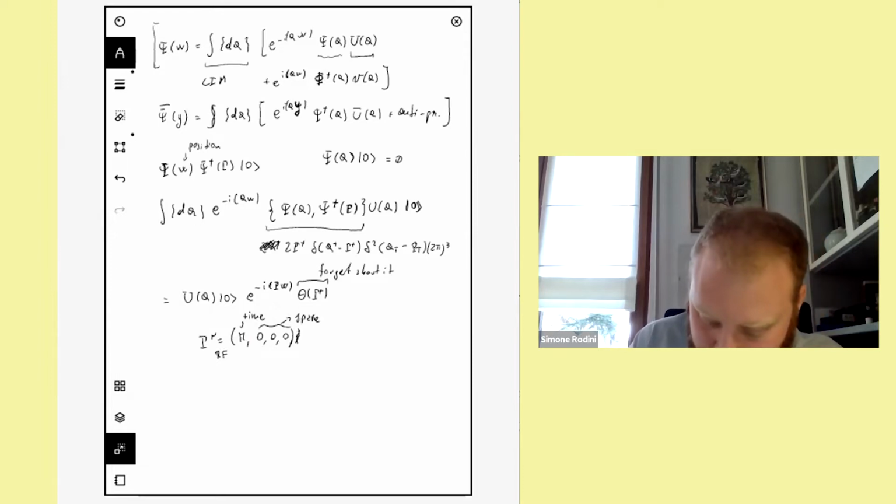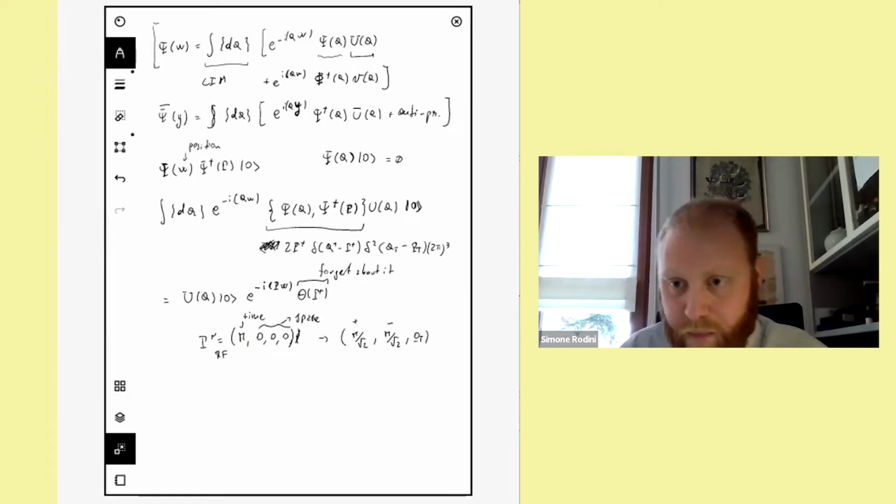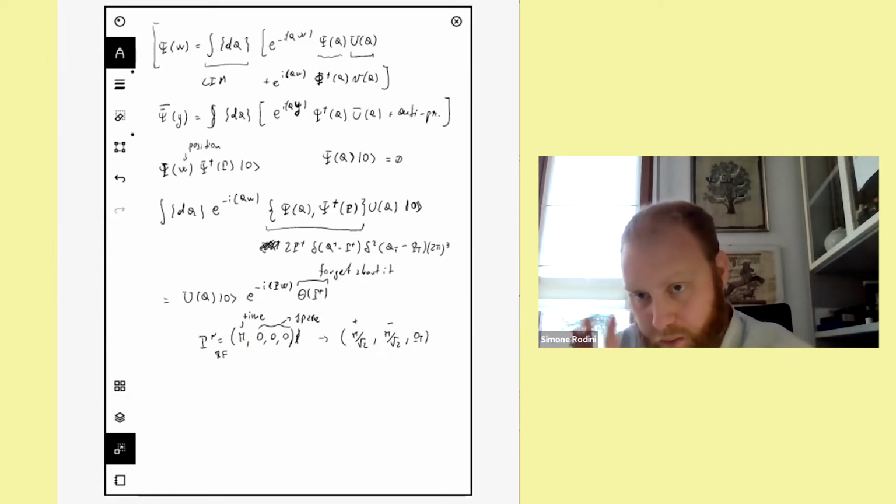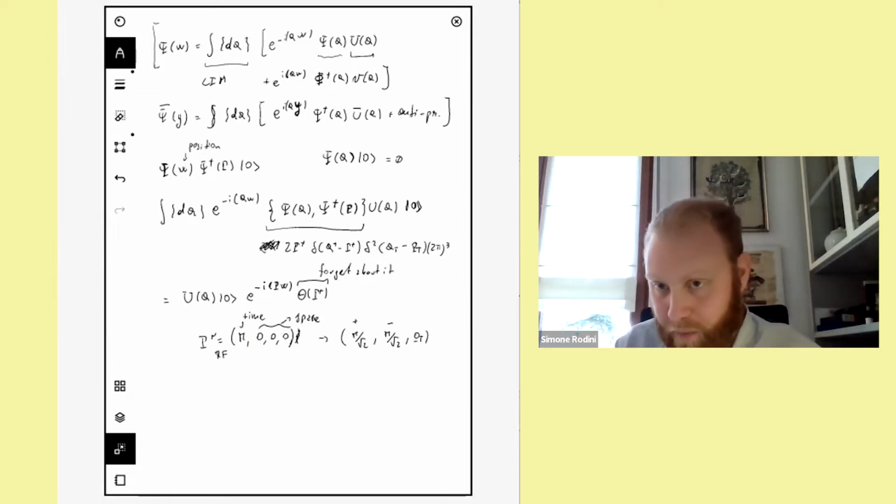In light front coordinates, the plus is m over square root of 2, the minus is m over square root of 2, and then you have delta t. This is the translation between instant form parameterization and light front parameterization.